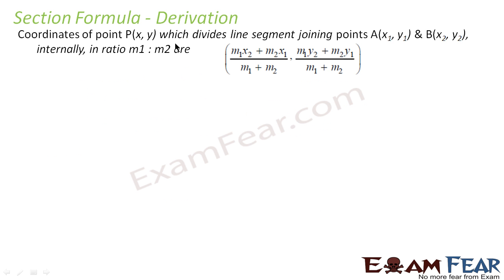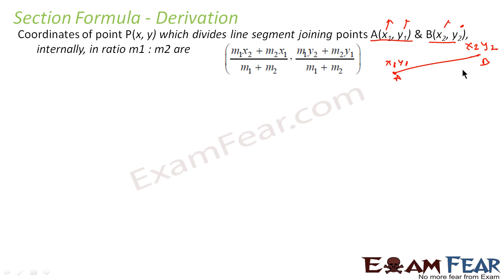So first, you have points A and B with coordinates x1, y1 and x2, y2. Let's suppose this is my point A, this is x1, y1, and this is my point B, x2, y2. So we have 2 points.